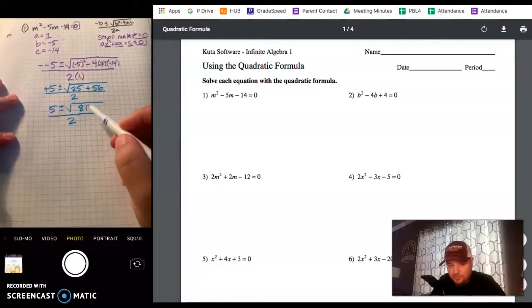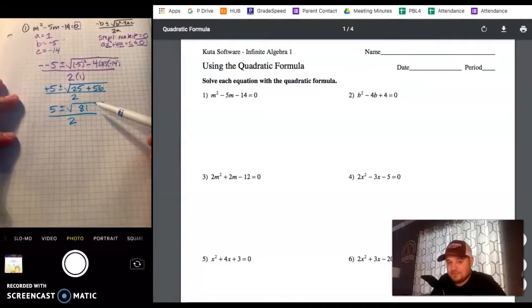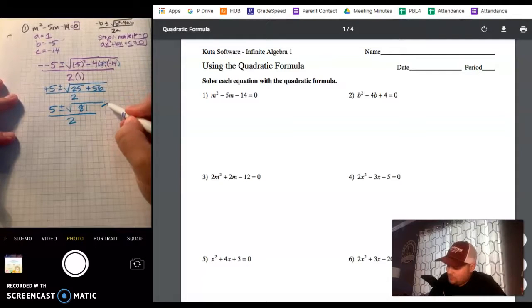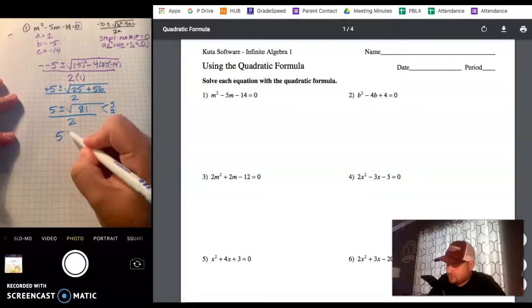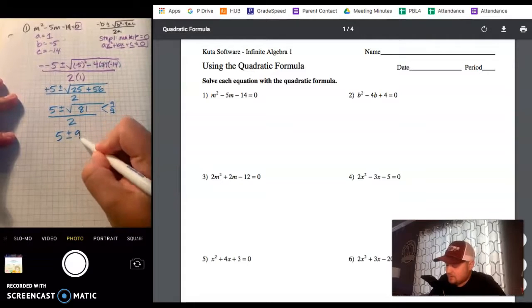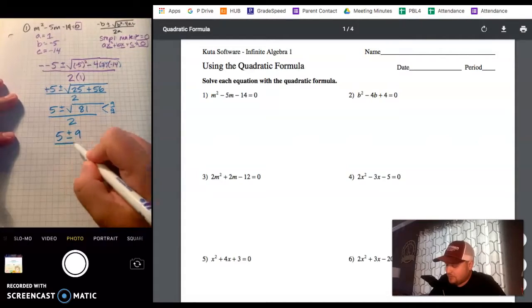Some alarm bells should be going off in your head. You're going to see this quite a bit, especially at the beginning of your assignment. I think on the first 5 at least, you end up with something that looks like this. This is a perfect square. This is nice. 81 breaks down into 9 and 9. So I have exit buddies. The 9 gets to pop out, so this is really just 5 plus or minus 9 over 2.